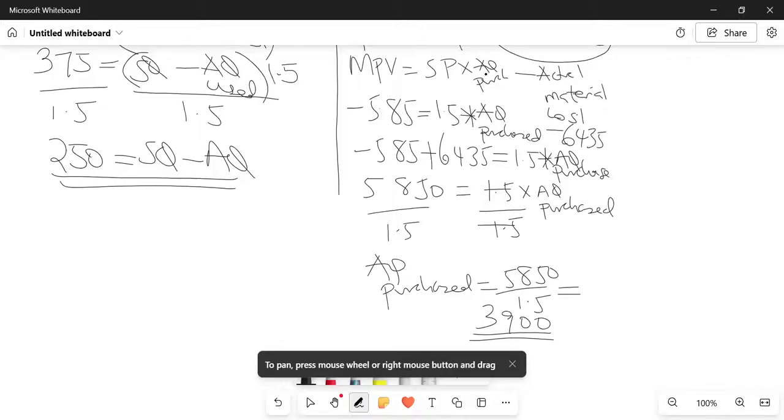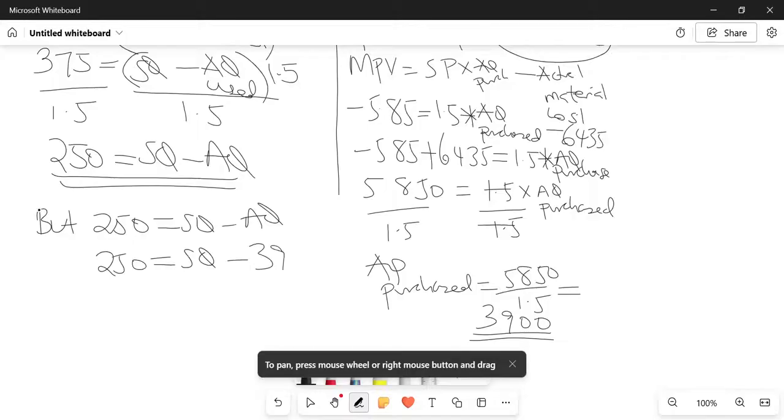Because if you remember very well, we had this 250. So we go back, and we say it will be equal to SQ minus AQ, isn't it? So we have here 250 equals SQ minus AQ, and AQ is 3,900.